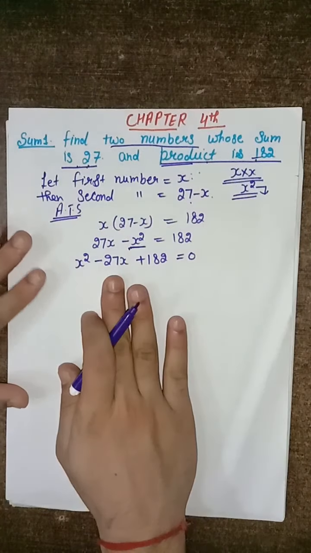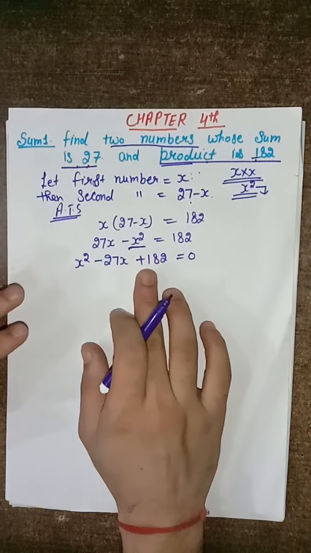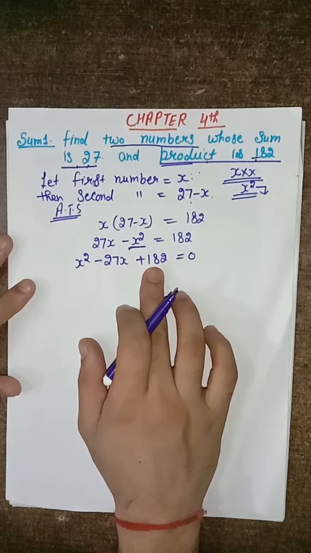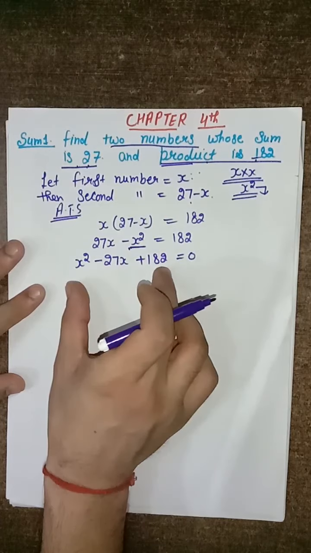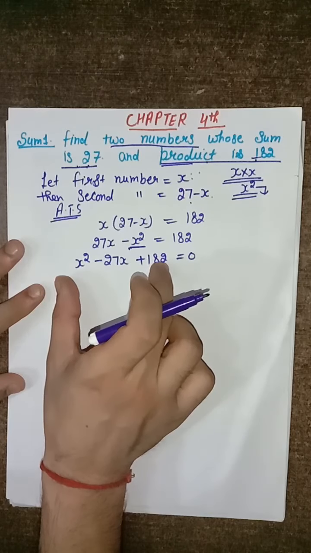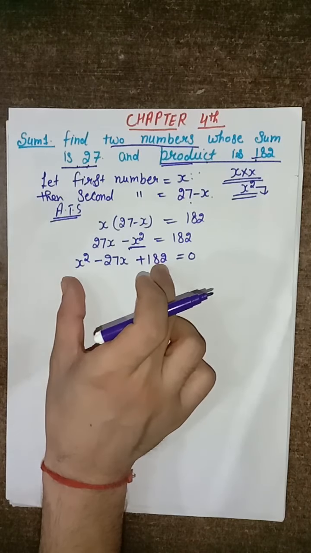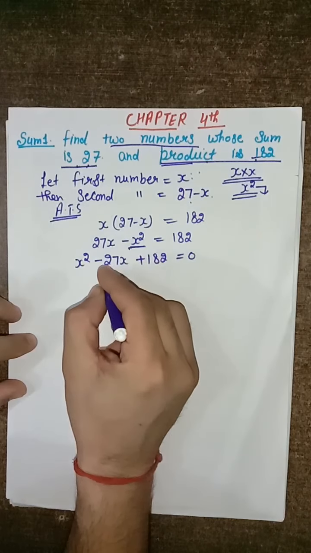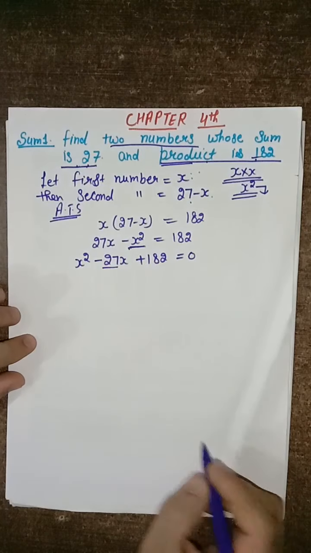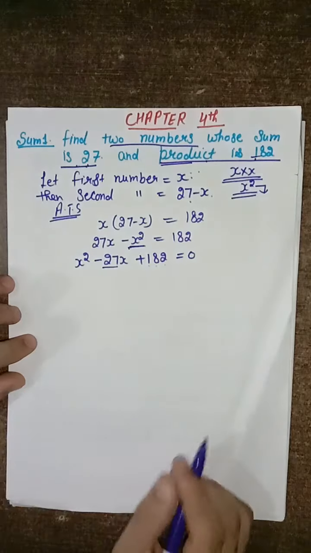in the factorization method we make factors of 182 in such a way that the sum or difference equals 27 and the product is 182.